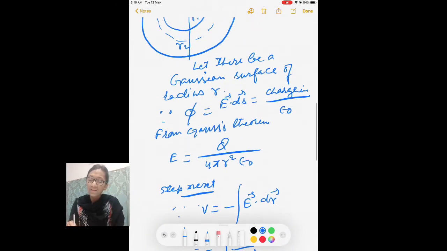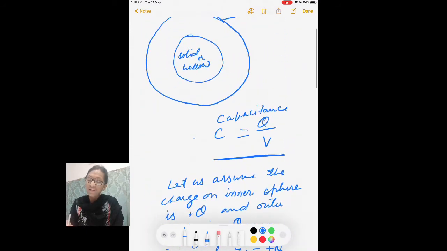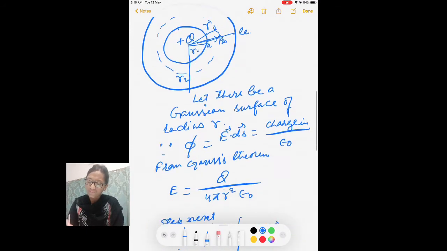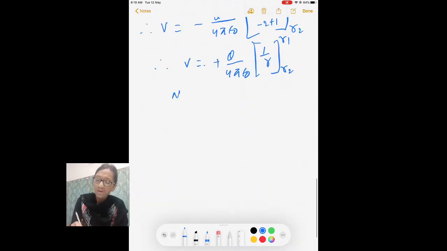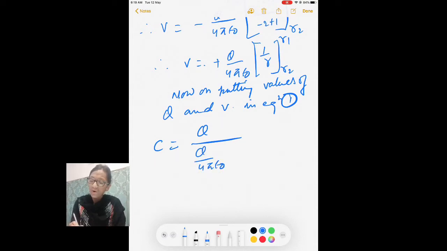Now putting the values of potential and charge in equation 1, on putting the values of Q and V in equation 1, we get that C is equal to Q upon Q upon 4 pi epsilon naught times 1 by R1 minus 1 by R2.